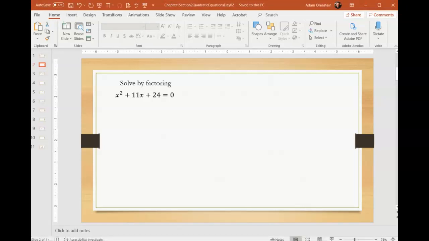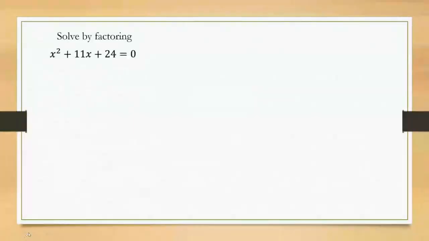All right. So for this one, again, we want to solve this equation by factoring. So for this one here, notice that there are 3 terms here, right? The leading coefficient is 1, meaning the coefficient of x squared is 1, so it's not written, and it's degree 2.